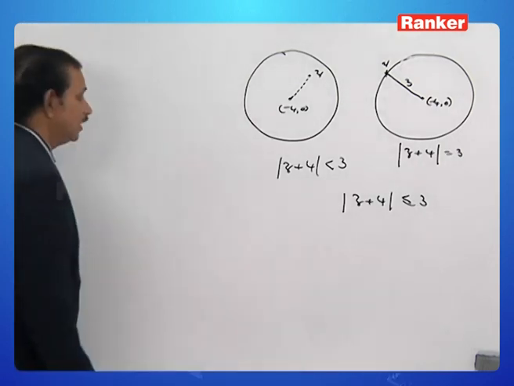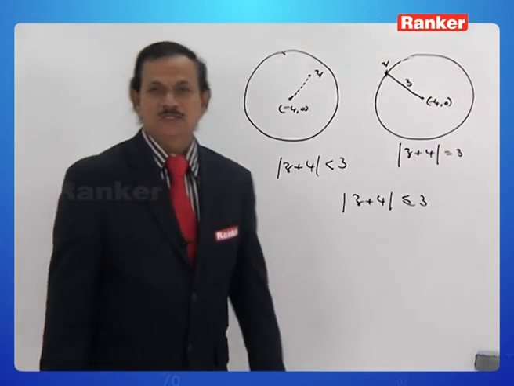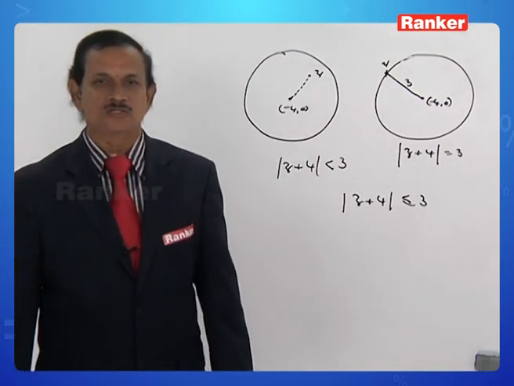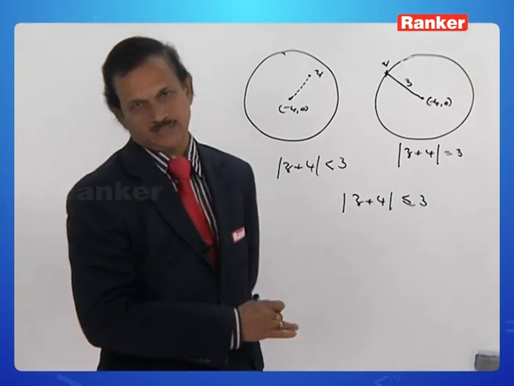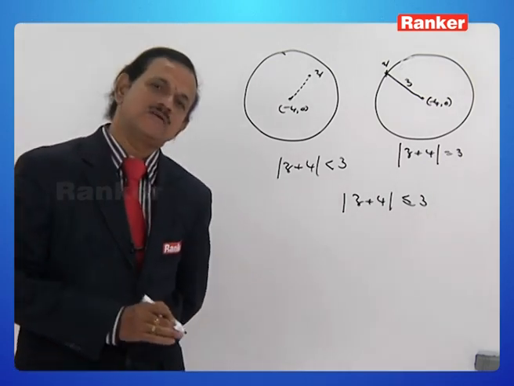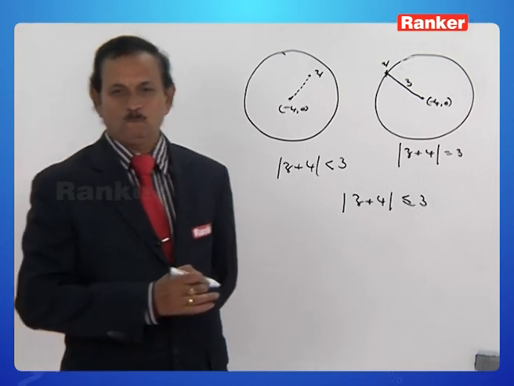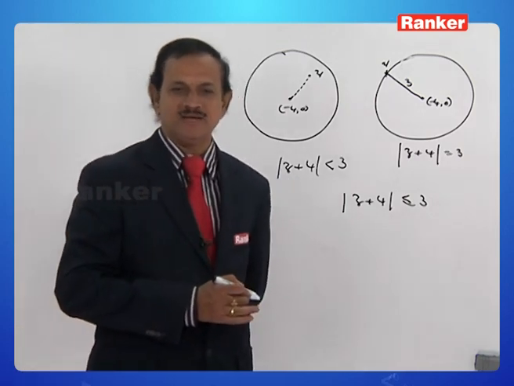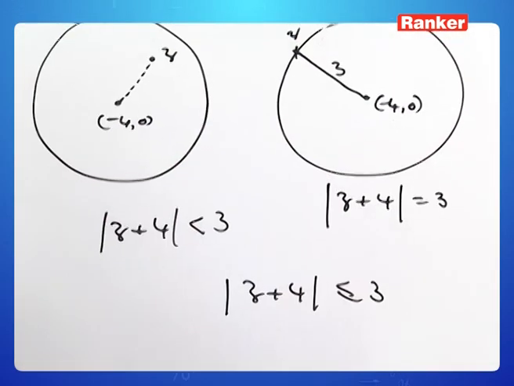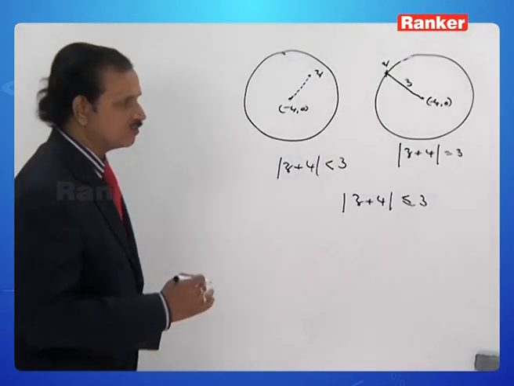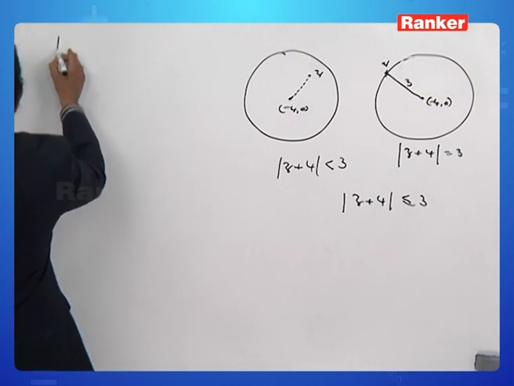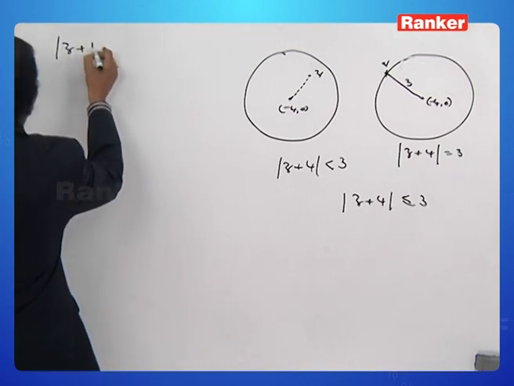Okay. So far we have analyzed the situation given about z. Well, let us now think of the question. What is required? We are required to have the maximum and the minimum, or the greatest and the least values of mod z plus 1. Let us think of mod z plus 1.